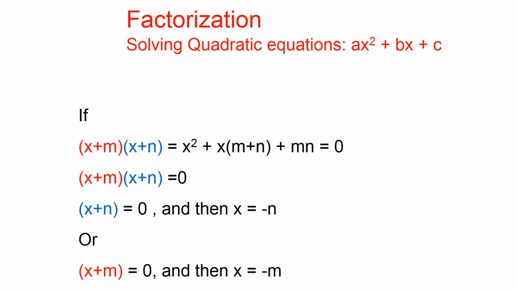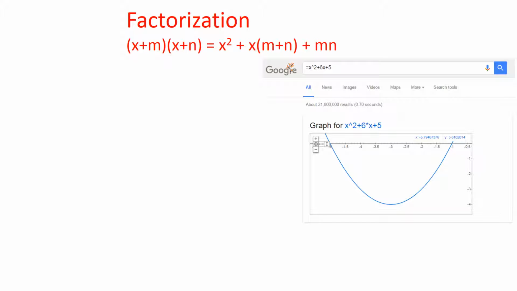If we've got this equation at the top, we create these two brackets, we figure out what they are, and then we say one of them must be 0. So the answer is either one number or the other number. This basically means that quadratic equations quite often have two answers.